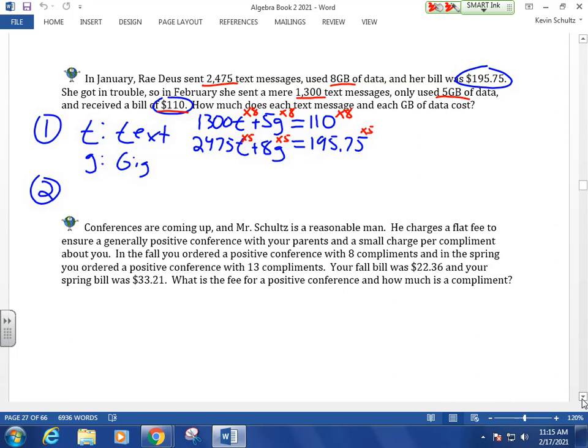And we're going to be able to combine the equations with elimination then. So our top equation becomes, is it 10,400? 10,400T plus 40G equals 880.